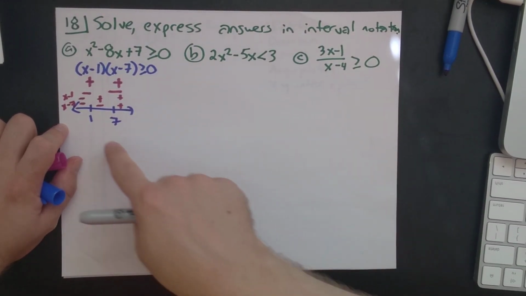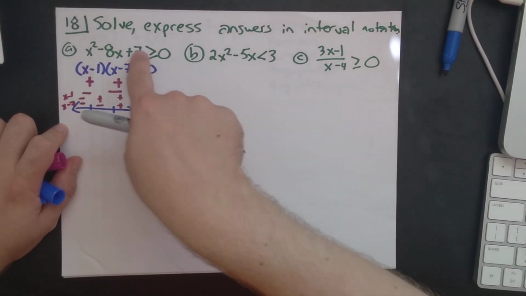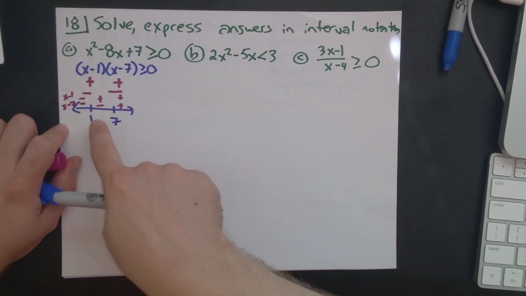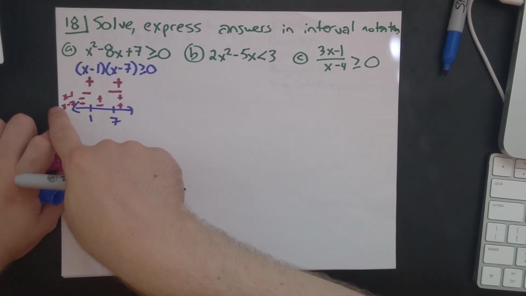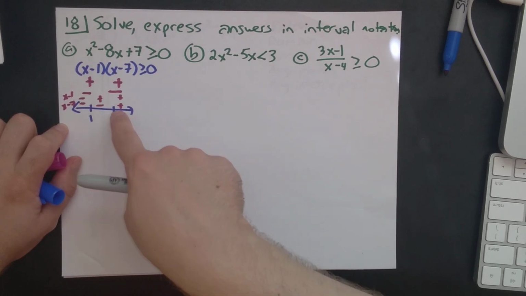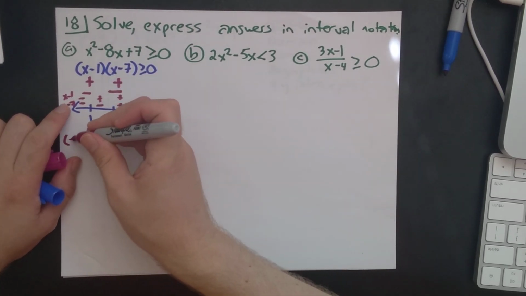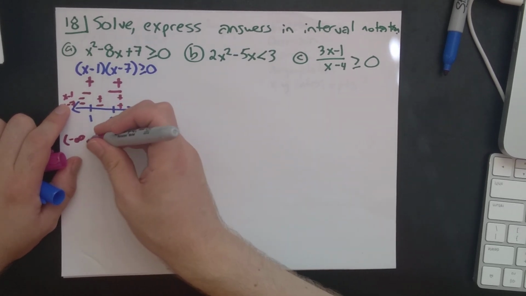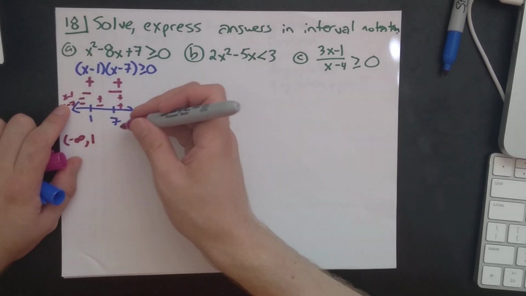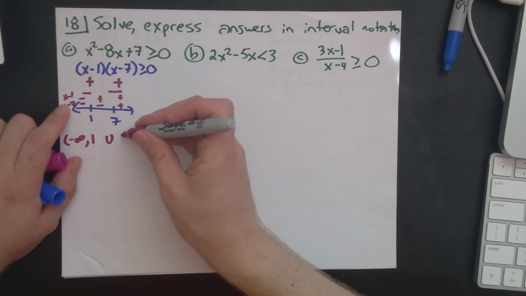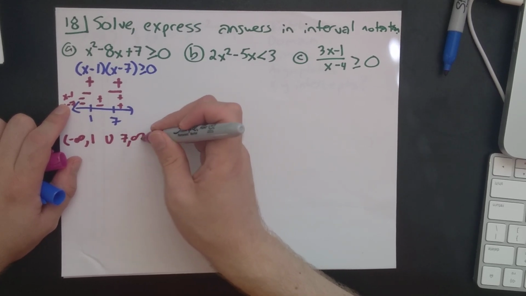So we see, where is this non-negative? It's in two separate intervals. One interval from minus infinity to 1, and one interval from 7 to infinity. So our answer is going to be the interval from minus infinity to 1, union, the interval from 7 to infinity.